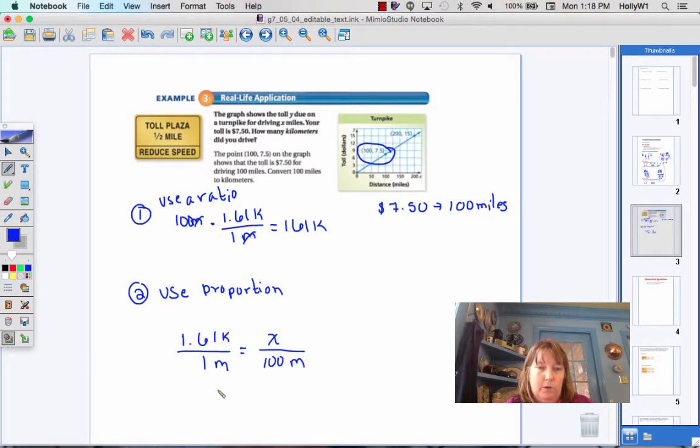So we can use the cross product here, and we're left with 100 times 1.61 is equal to, well, x times 1 is x. So 100 times 1.61 is 161 kilometers. So x is equal to 161 kilometers. And you can see that we get the same answer.